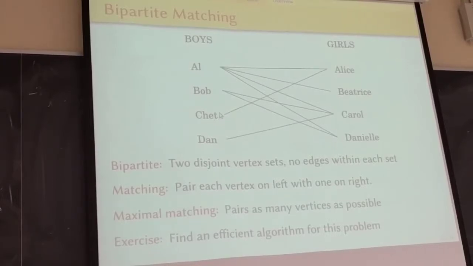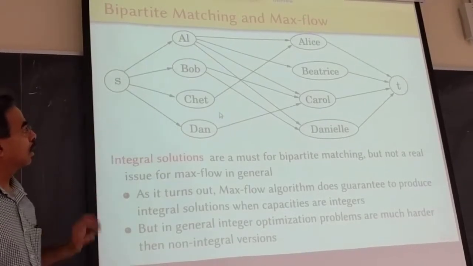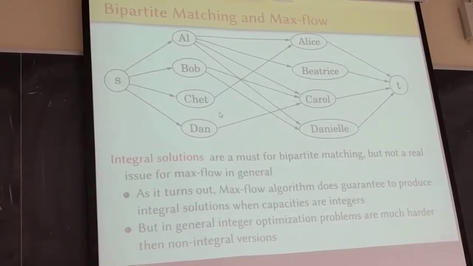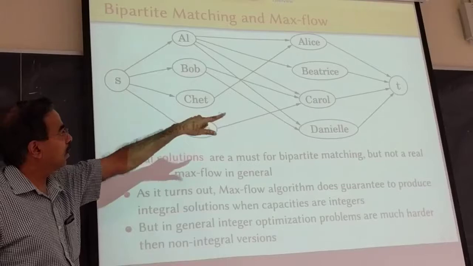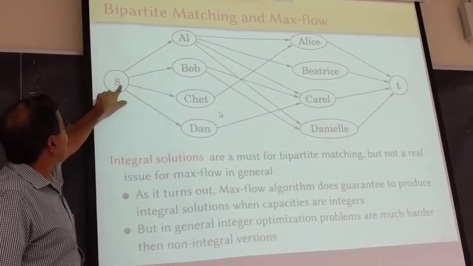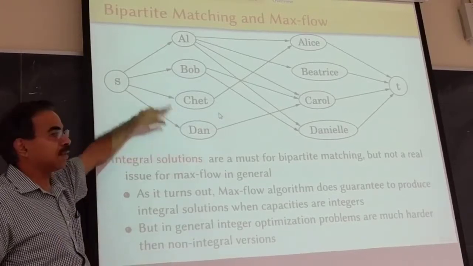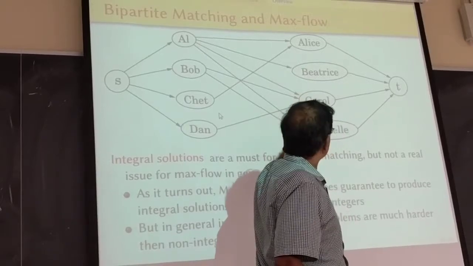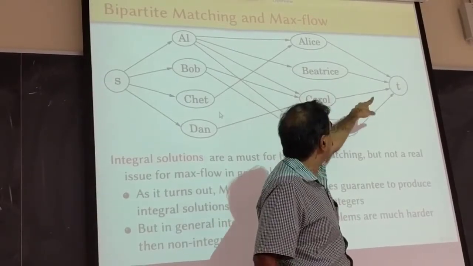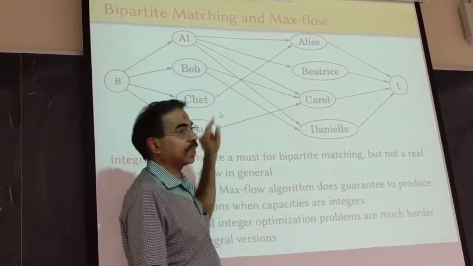We'll come back to this again next time, but you can solve bipartite matching using max flow min cut by introducing a source and a sink, and saying that from the source you can send one unit to each of the elements here, and then from each of these vertices you can send one unit to T, and then saying that the capacity of each of these edges is 1.